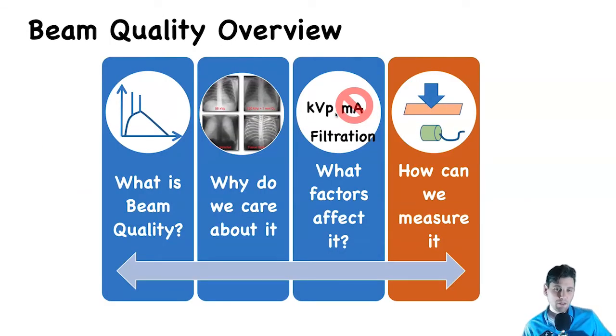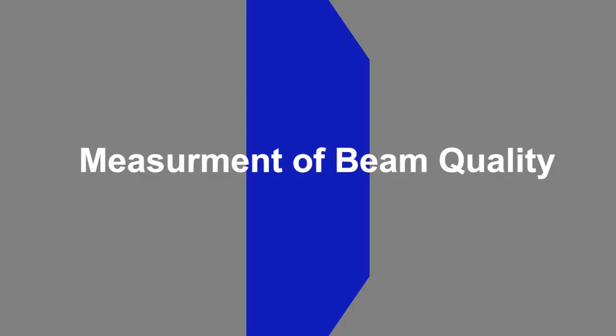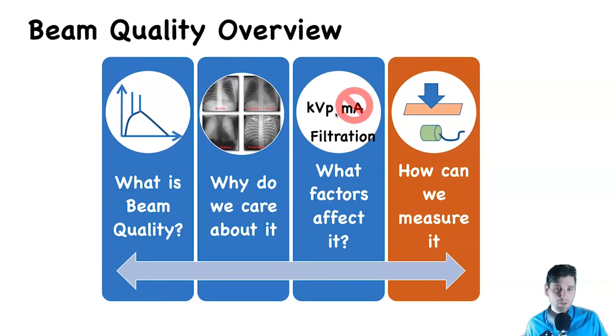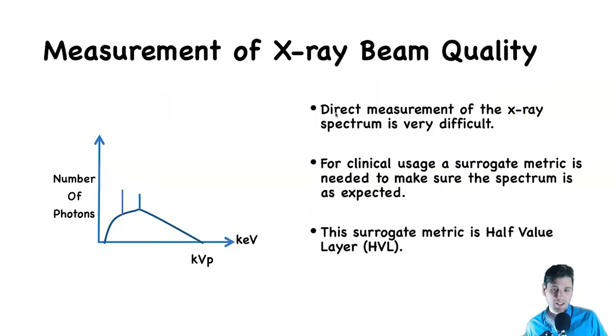So we talked about what's the definition, why we care about it, and we talked about all these different factors that affect the beam quality. Finally, we want to talk about how can we measure it. So in the clinic, if we want to do quality measurements on the system, how can we measure the beam quality?